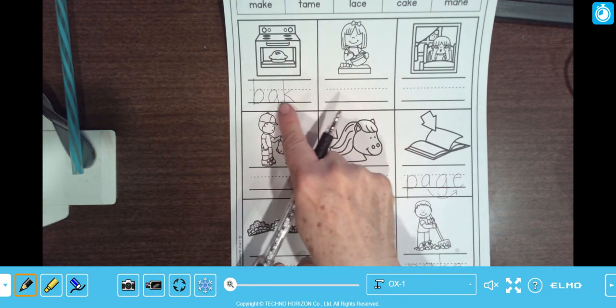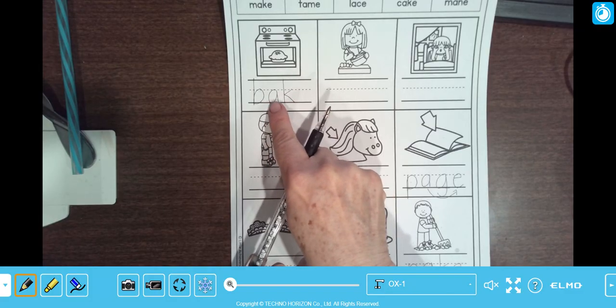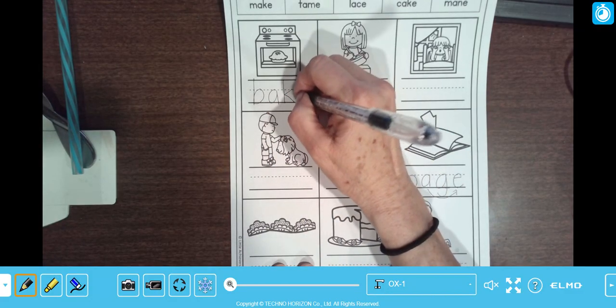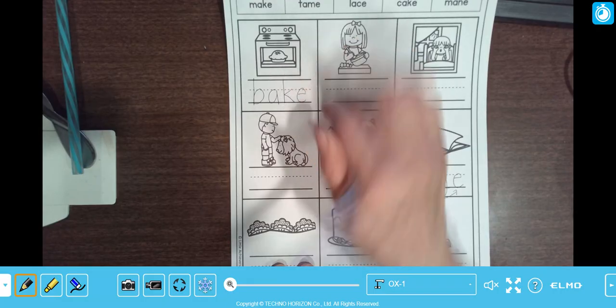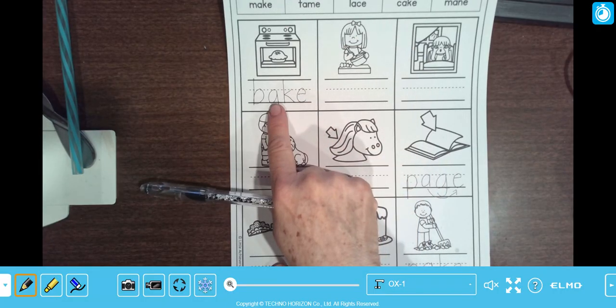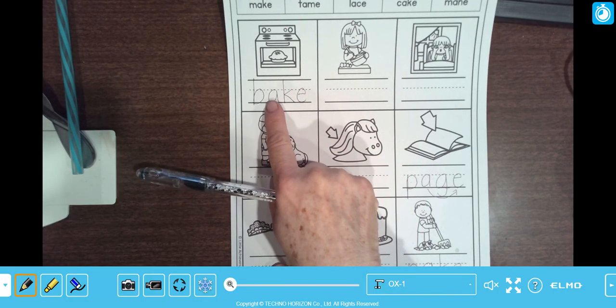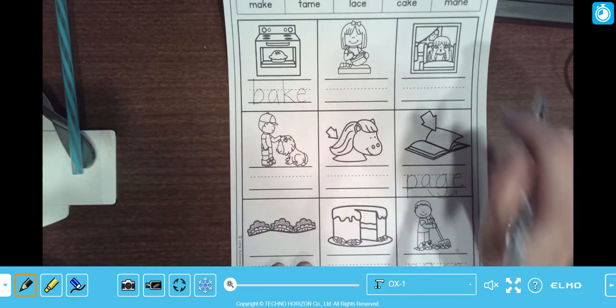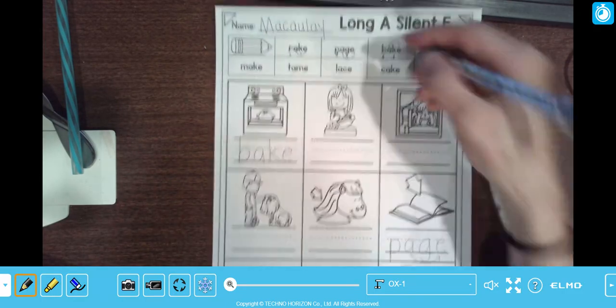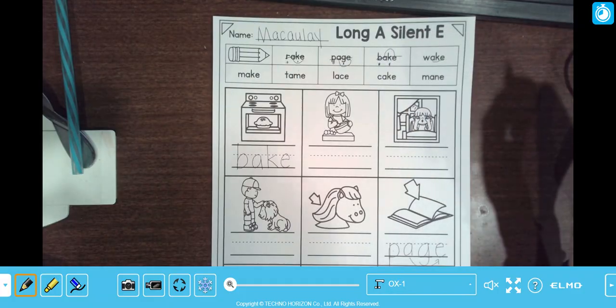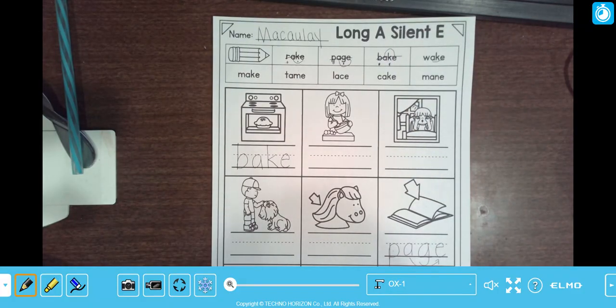But we don't want the word back. We want bake. We want this to be an A sound, so we're going to put the silent E at the end. This silent E changes this from an A to an A. B, A, K, bake. And I'm going to cross that out. I'm going to let you write that, okay? Go right ahead.